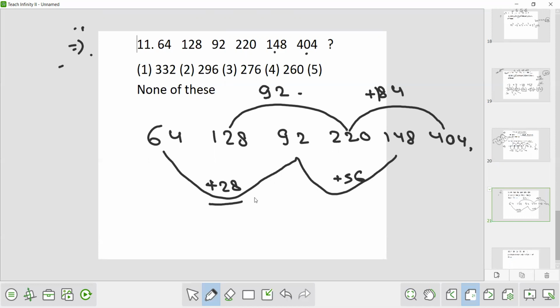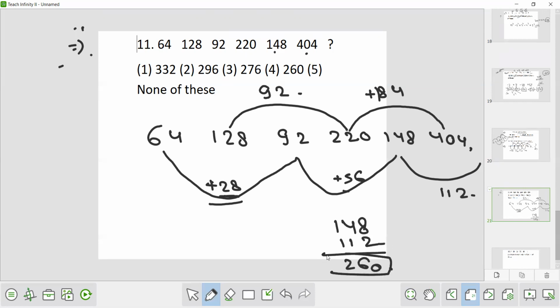Now the rule is confirmed. Every alternate number is getting added by twice of the previous addition, that is 28, then 56. So it will be 56 into 2, 112. Add 148 and 112, it will become 260. So our option will be 4.